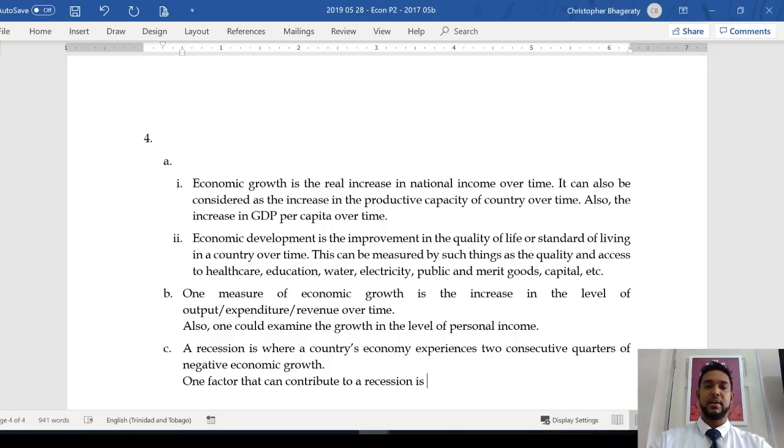So one factor that can contribute to recession is a rise in the level of unemployment.